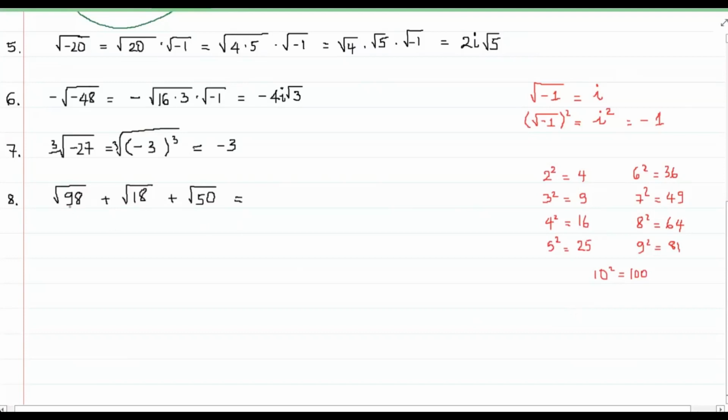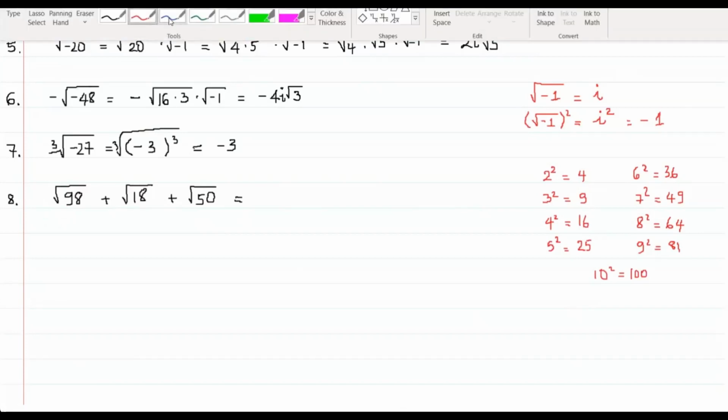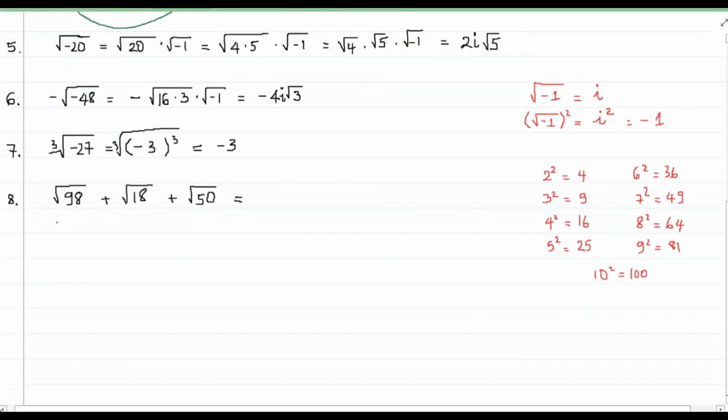Now, we did the square root of 98 in question number 2. That is the square root of 49 times the square root of 2. For 18, 18 is the square root of 9 times the square root of 2, because 9 times 2 is 18.